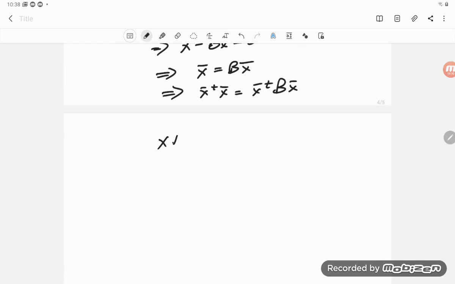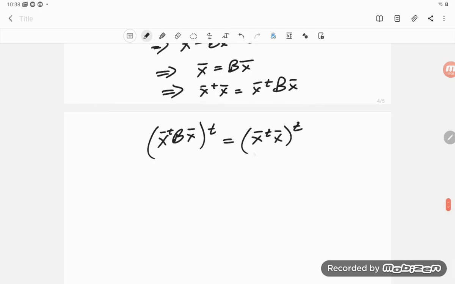So they write X transpose X, and then they take that transpose. That has to be equal to X transpose X, all transposed. Now, X transpose X is a real number, and the transpose of a real number is just that same number. You could also do it by going through the properties. But let's look at both sides here.